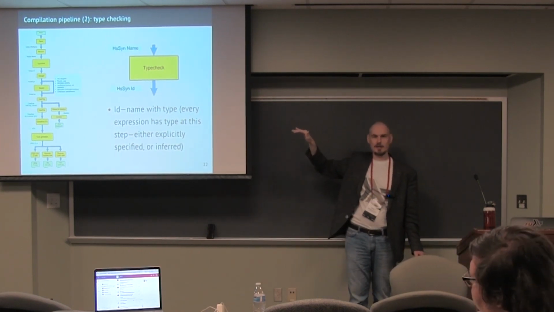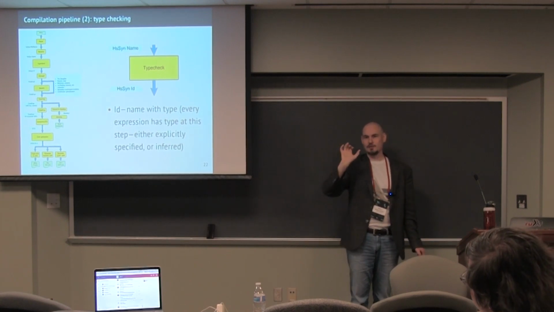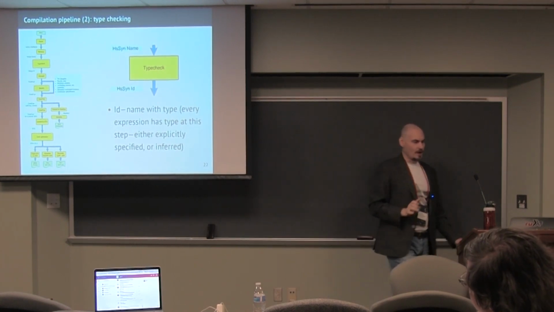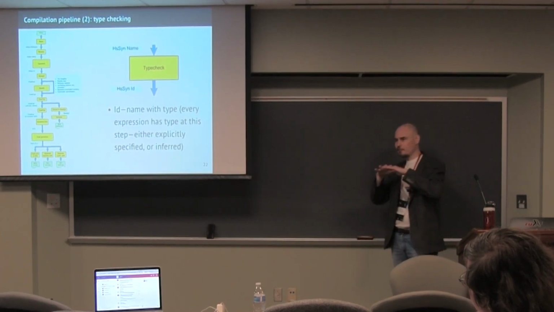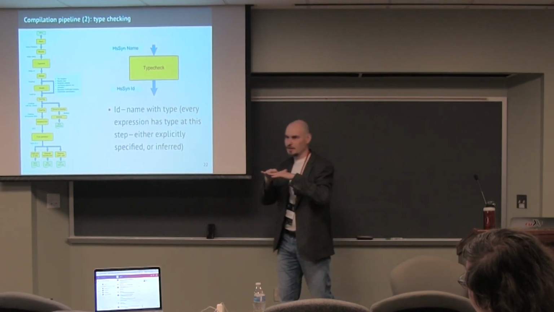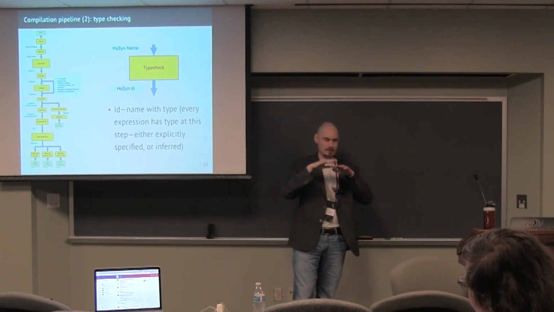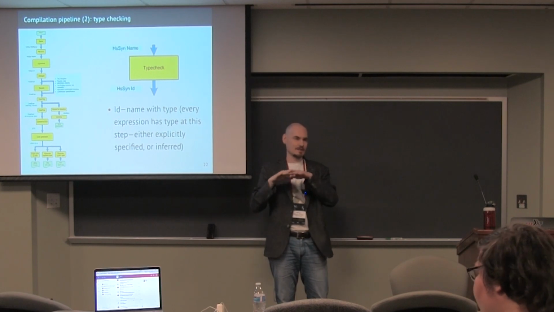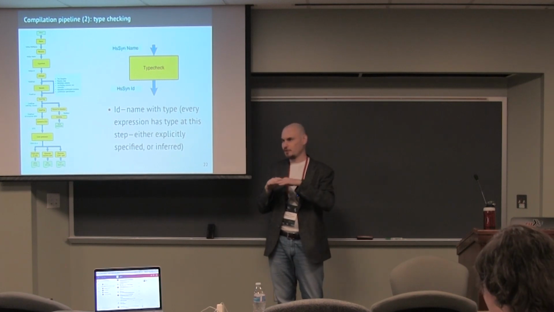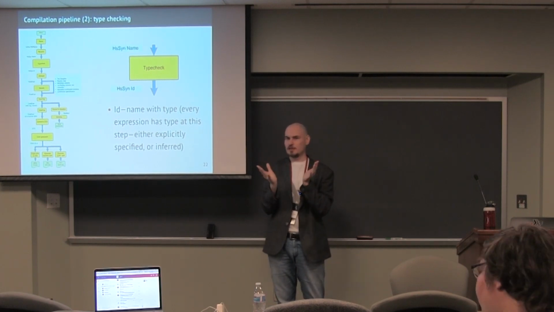And ID here is a name accompanied with a type. So after this step, every name, and in fact every expression, every component of expression has its type explicitly specified. So what is type checking in Haskell?